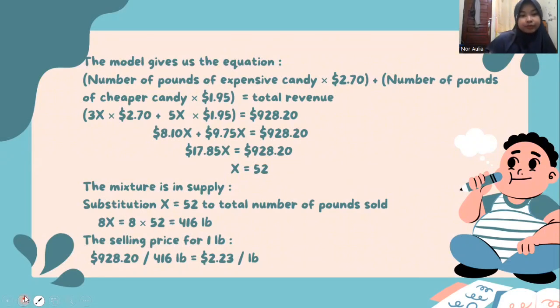3x times $2.70 plus 5x times $1.95 equals $928.20.